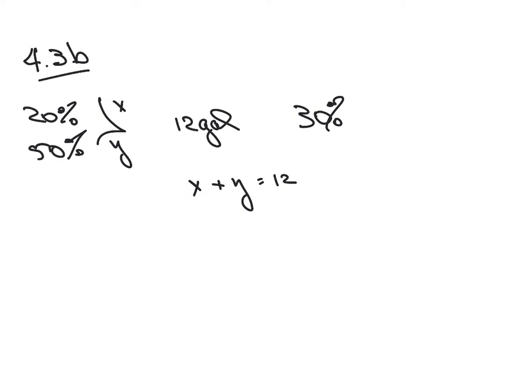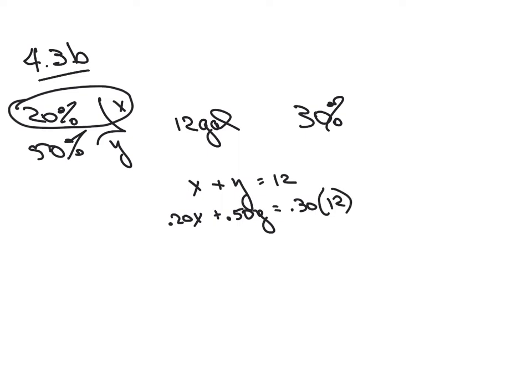Okay, the next one is going to be how much of this we're going to have to put together. Well, we're going to have to put 20% of X, and we're going to add 50% of Y, and that's going to give us a 30% solution and 12 gallons.